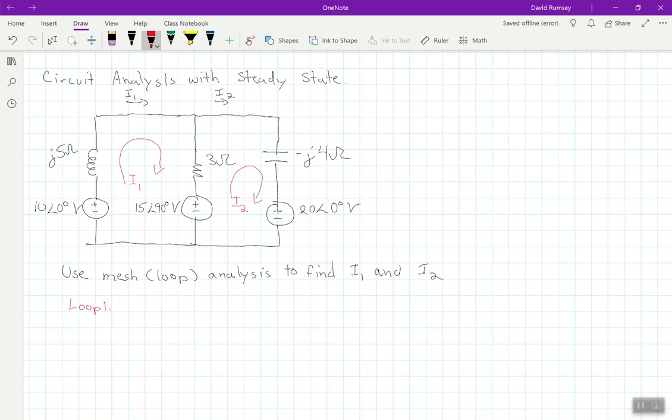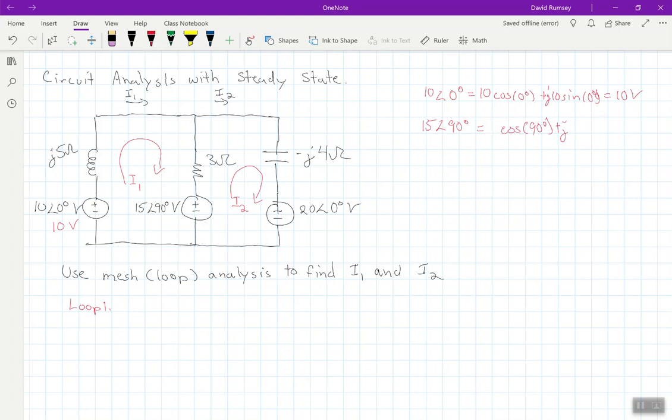So let's convert all of these voltages to rectangular format. 10 at an angle of 0 degrees would be 10 cosine of 0 degrees plus j 10 sine of 0 degrees, which is equal to 10 volts. So this is 10 volts in rectangular.